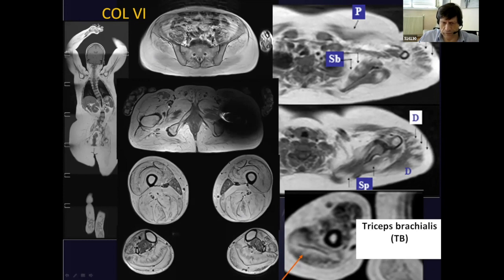It is the same in tibialis anterior, the same in gluteus, in gastrocnemius muscles, and it is the same also in triceps brachii and deltoid. You have tigroid modification, and it is very evocative of collagenopathy type 6.